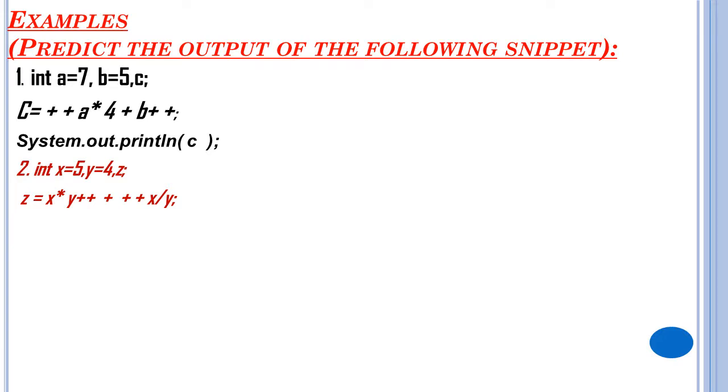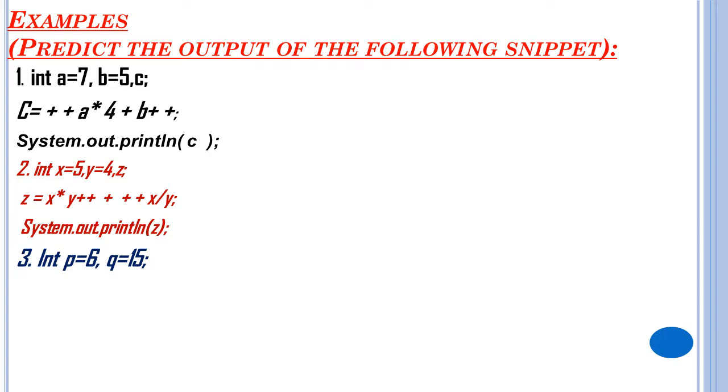So the y value will be the same itself, meaning 5 into 4, plus ++x, which will be prefix, right? Prefix means 5 plus 1, 6, divided by the y value. Now what is the y value now? Increased y value is 5, so 6 divided by 5. So what is the output? The output will be 21.